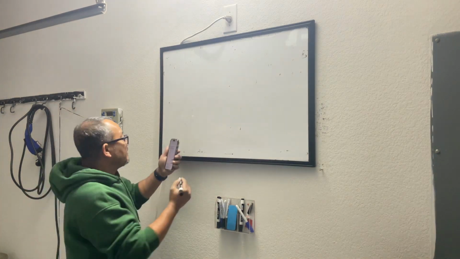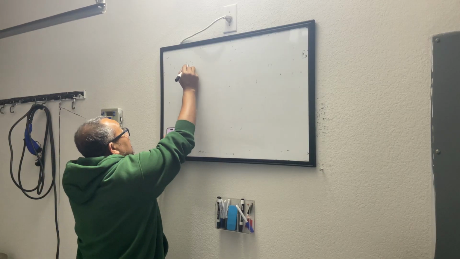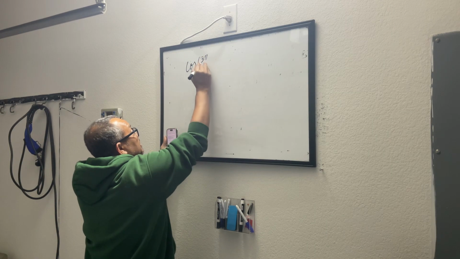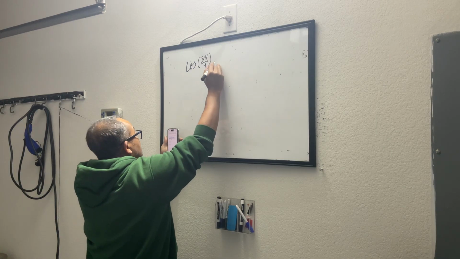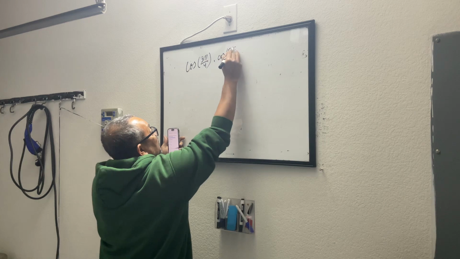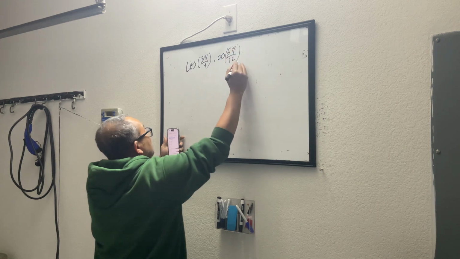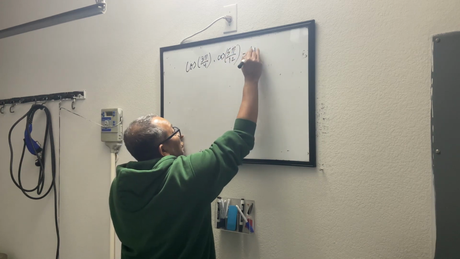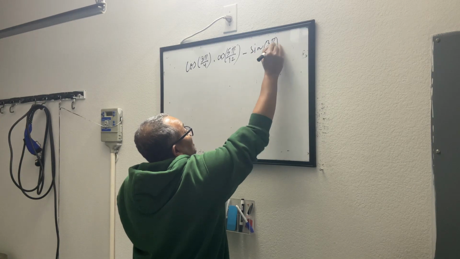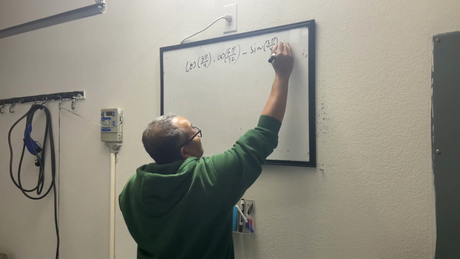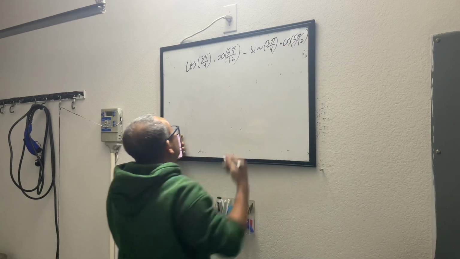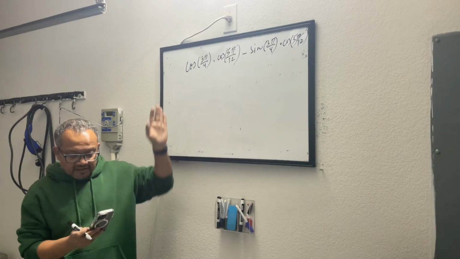So we have a scary looking problem, okay? cos of 3 pi over 4 times cos of 5 pi over 12 minus sine of 3 pi over 4 times cos of 5 pi over 12. This is the expression given to us.